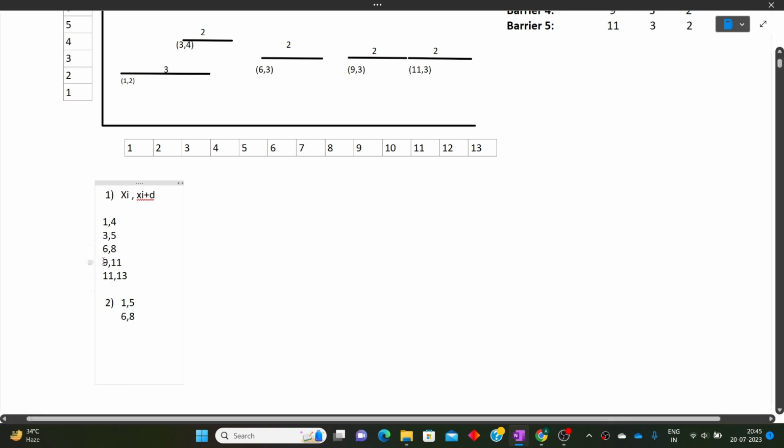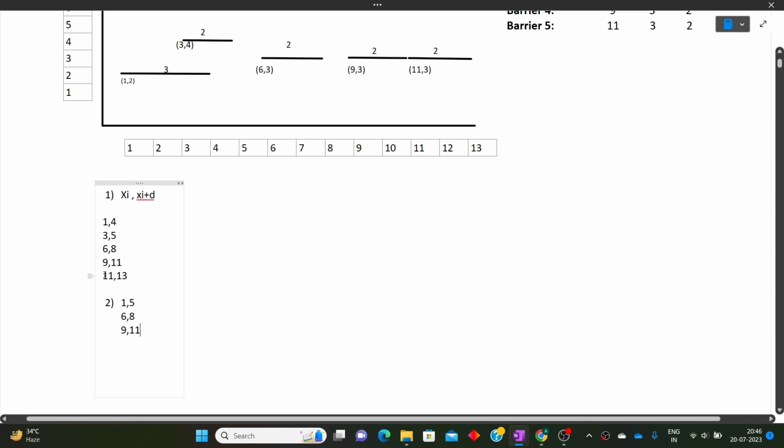Now again we compare the next barrier, checking whether its starting x point is less than the ending point of the previous barrier or not. In this case it is not, so we consider this as a single barrier. It gives us 9 comma 11.